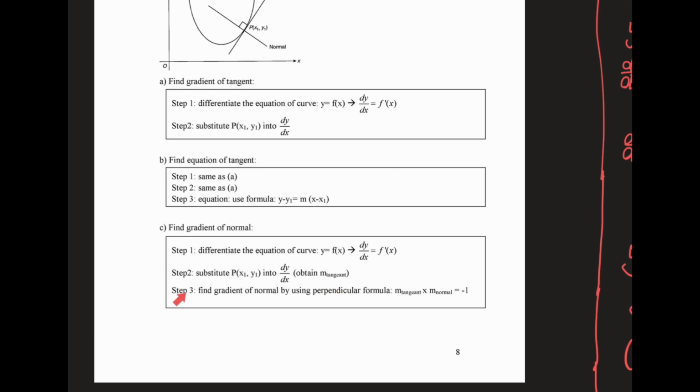Step 3, you find the gradient of normal by using the perpendicular formula, gradient of tangent. There's a typo here, the extra a is there, so no a. So gradient of tangent multiplied by gradient of normal equal to -1. By using this formula, you can find out the gradient of normal.